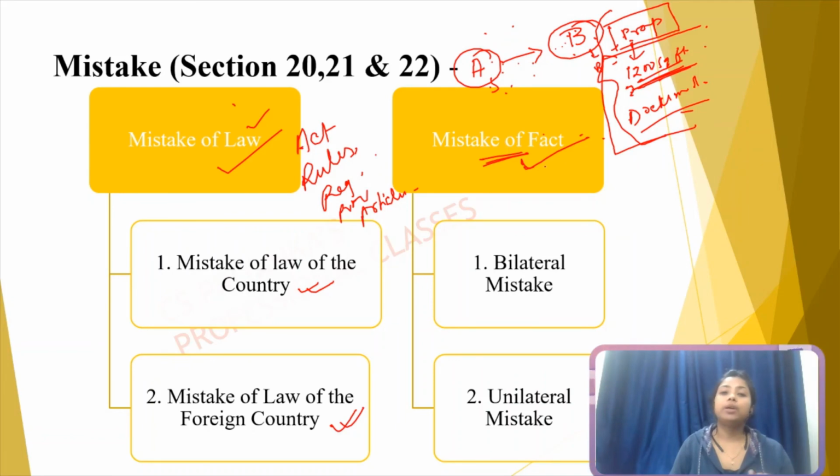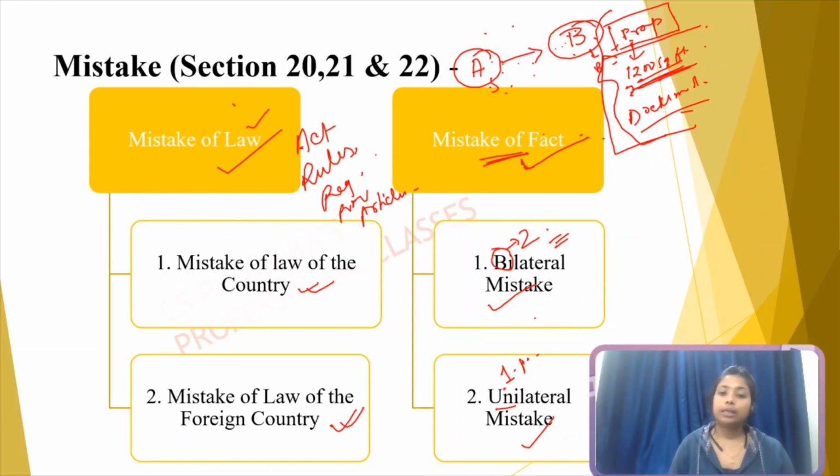Mistake of law can be of two types. One is bilateral mistake, one is unilateral. What do you mean by bi? It's two. That means both the parties are not aware of the fact. We call it bilateral mistake. Uni means only one party. Out of two parties, one party is not aware of the fact.